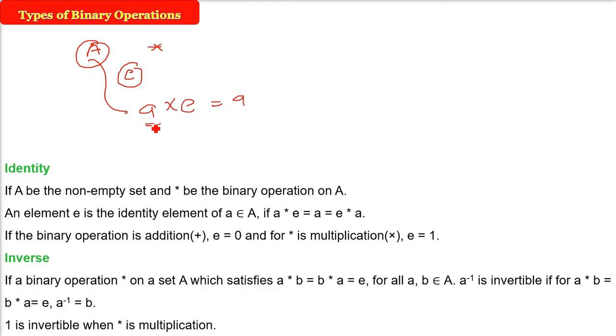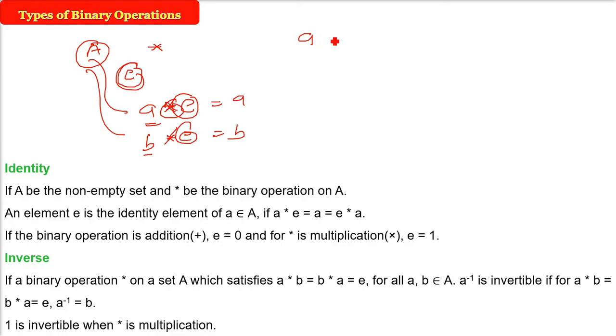When we are operating, I am not using into, I am using star. This is star, not multiplication. So a star E, or another value b star E, you will always get the actual value, which is a and b. All these operations are with this certain value E on the same set A.